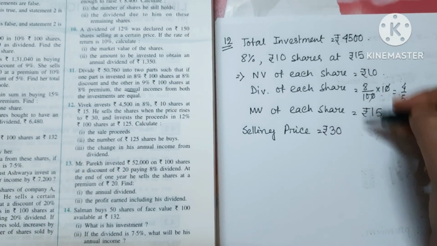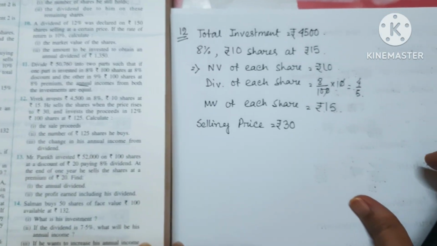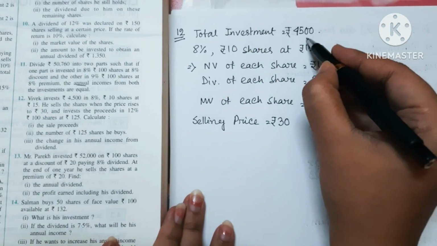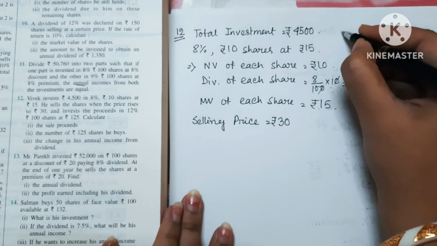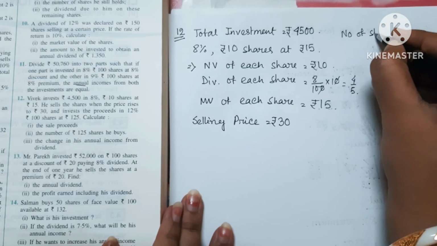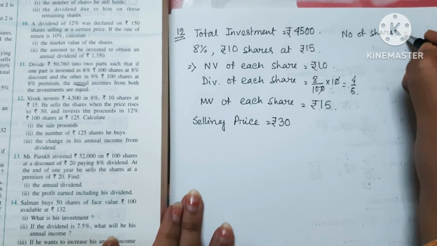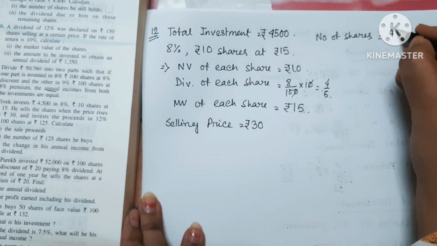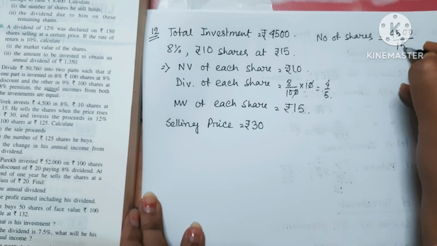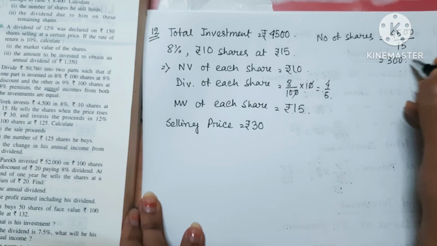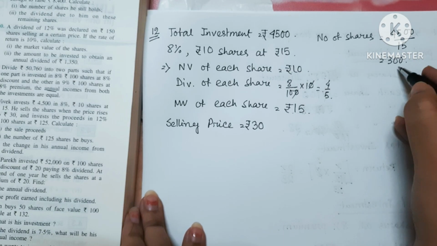Now from here what we can find out, see, total investment is this one, market price is this one. So number of shares will be 4500 divided by 15. So it will become 300. 300 is the number of shares.